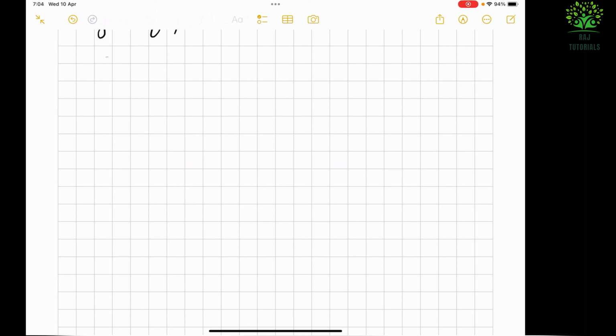And the important thing to be noted here is that the power or exponent, whatever we call it, should always be a whole number.